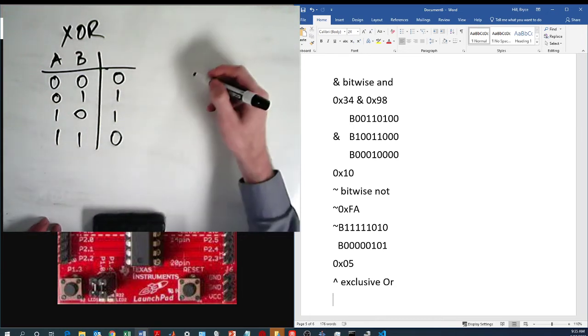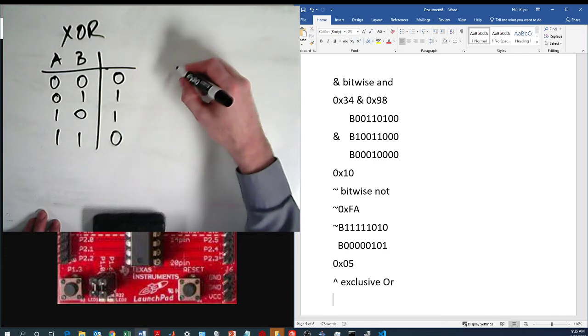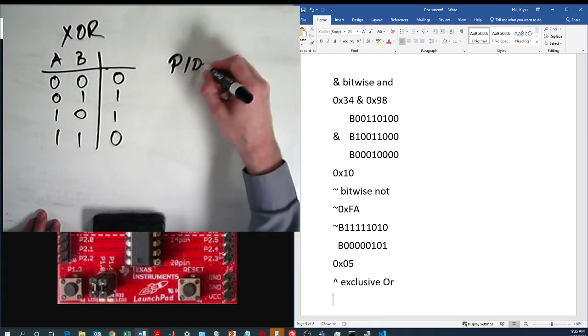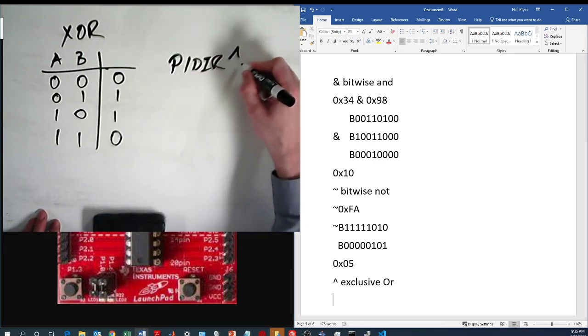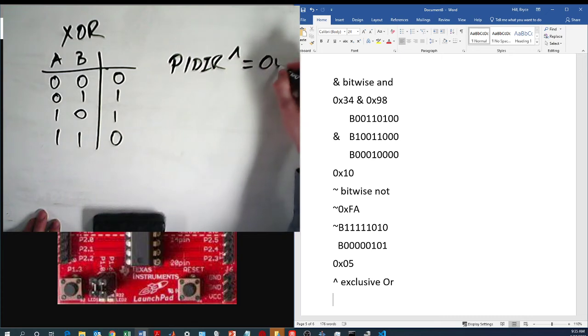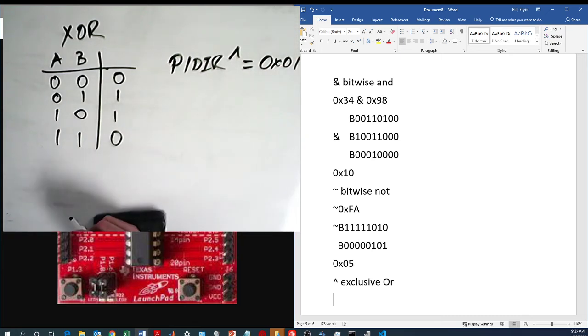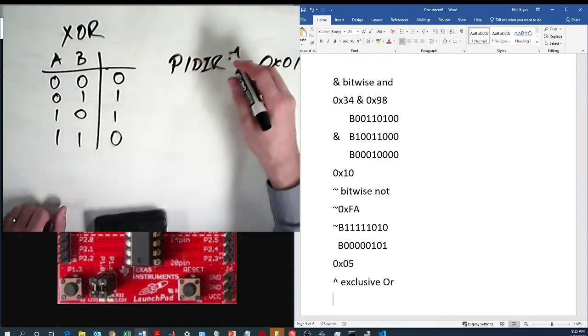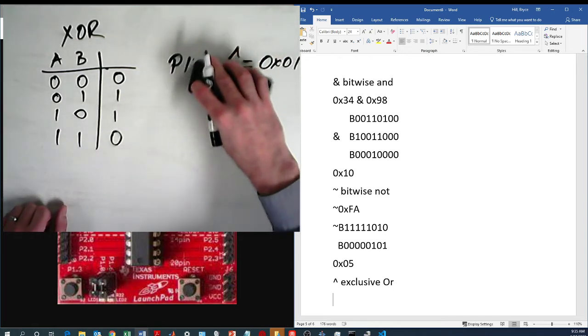If you remember, in the other code, there was one in there that said P1OUT exclusive OR equals 0x01. That was the code that was there.